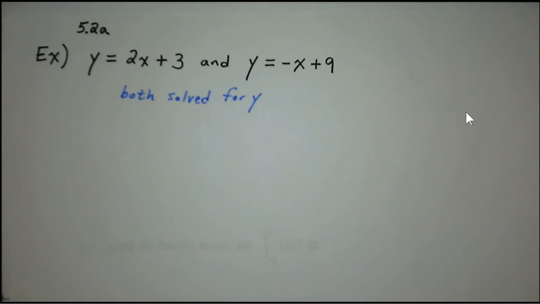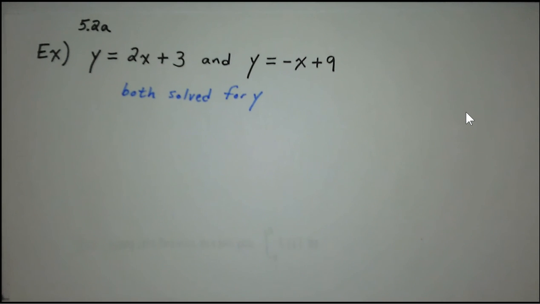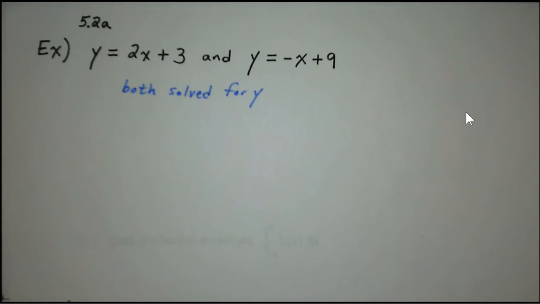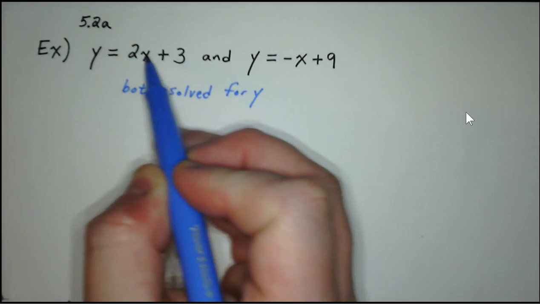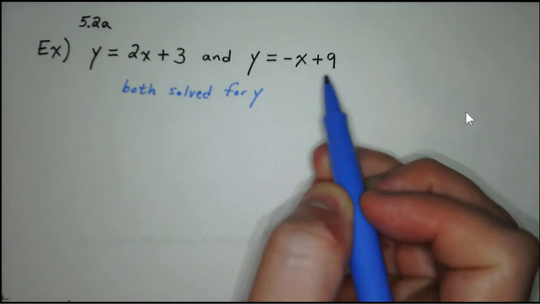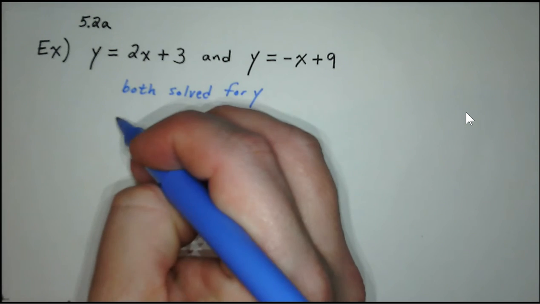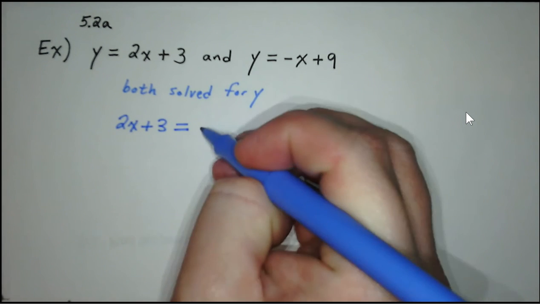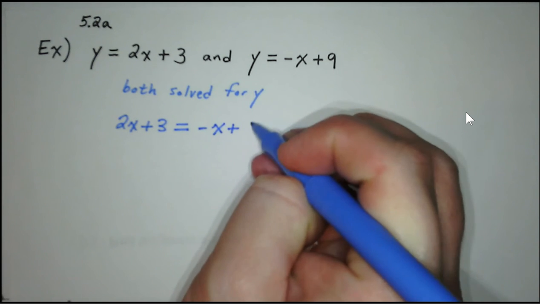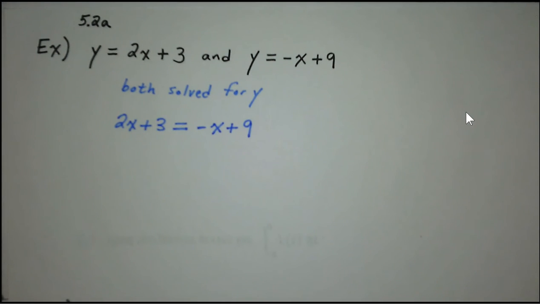So here's what you can do in this situation. You can just set the equations equal to each other. If y equals 2x plus 3, as well as y equals negative x plus 9, you can set the 2x plus 3 equal to negative x plus 9, essentially setting the equations equal to each other.